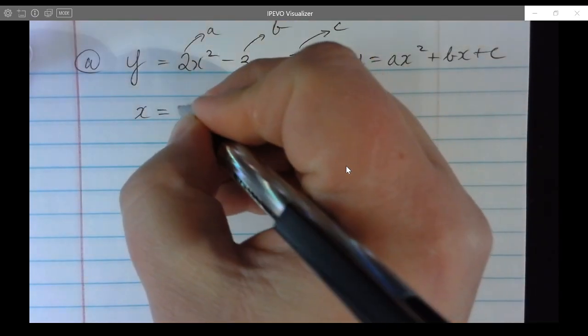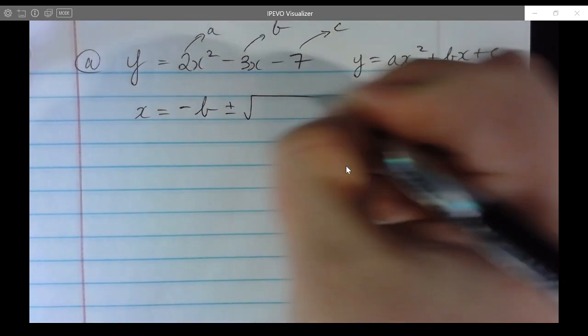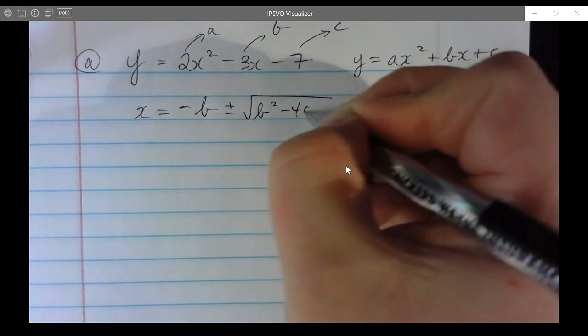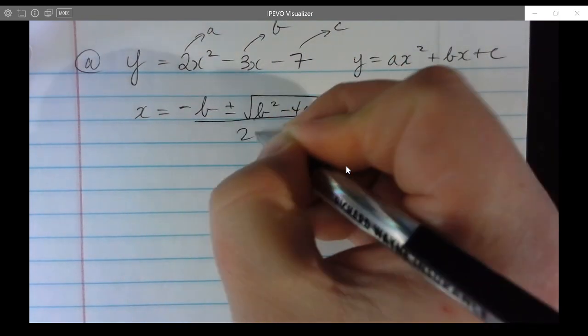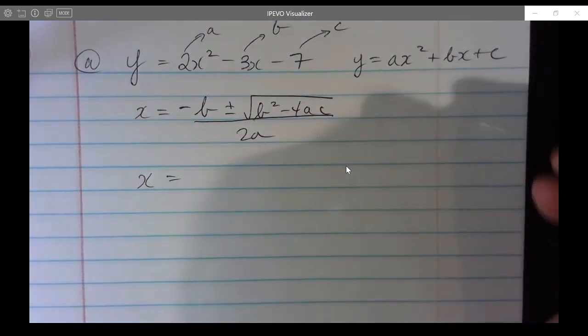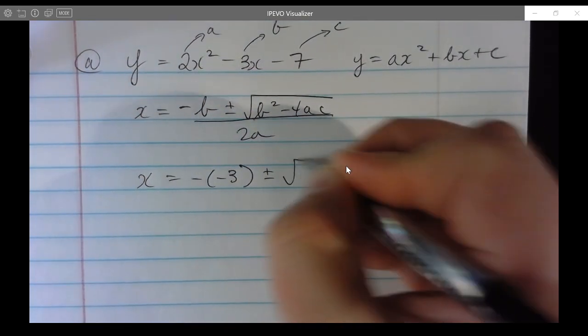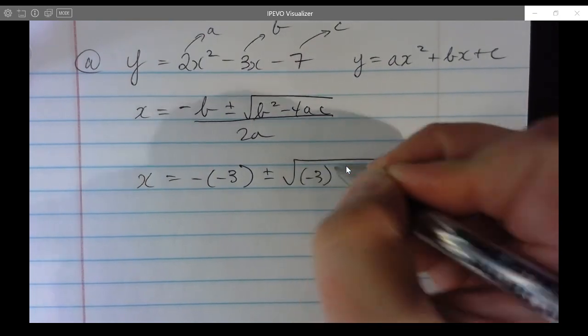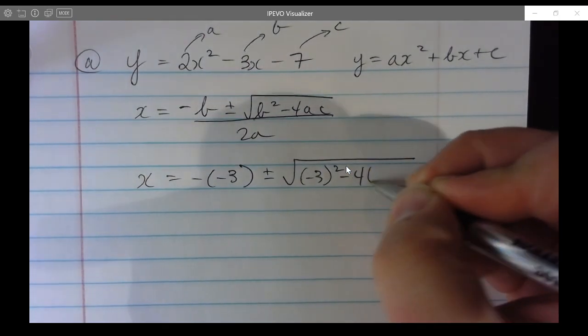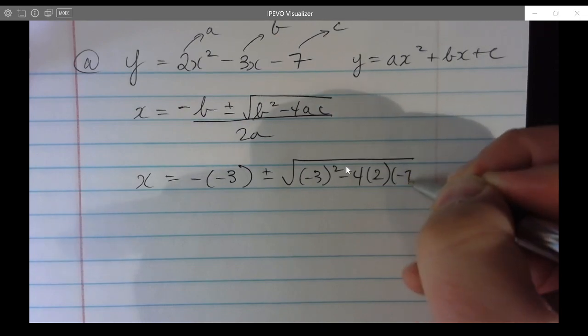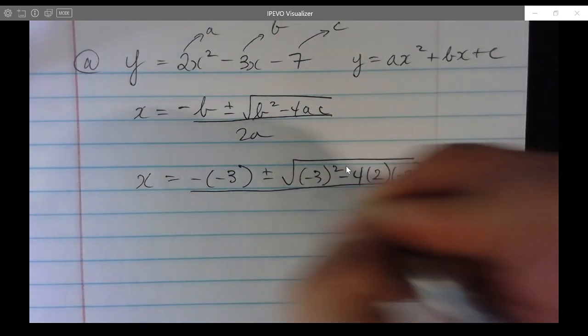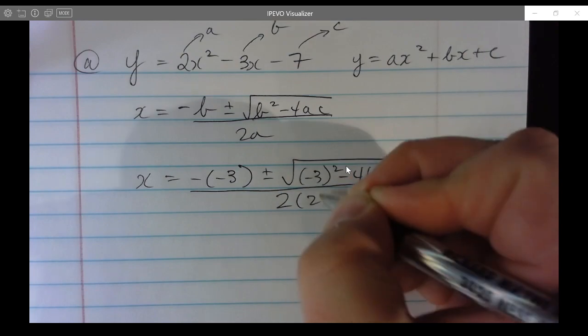So x equals minus b plus or minus the square root of b squared minus 4ac all over 2 times a. So x is equal to the negative of negative 3 plus or minus the square root of negative 3 squared minus 4 times 2 times negative 7 all over 2 times a, which was 2.